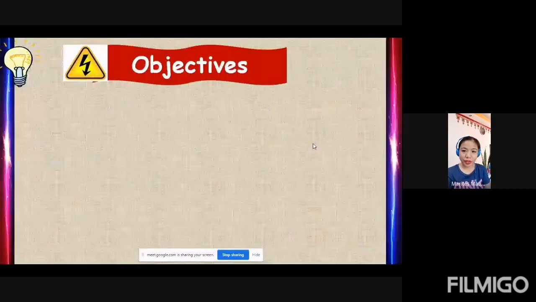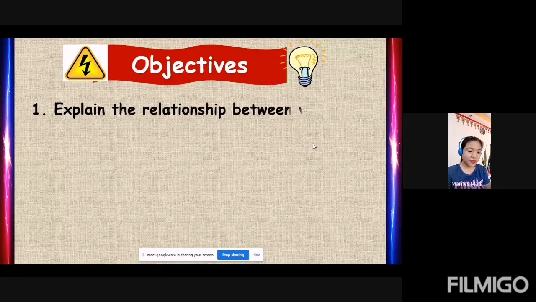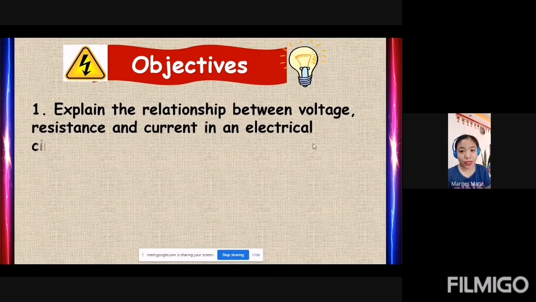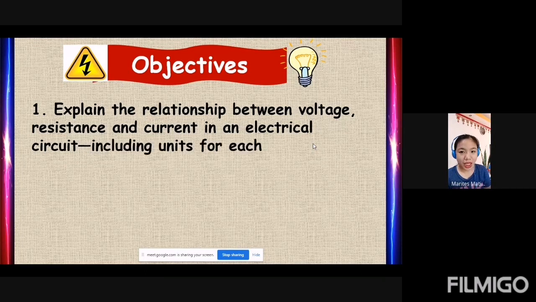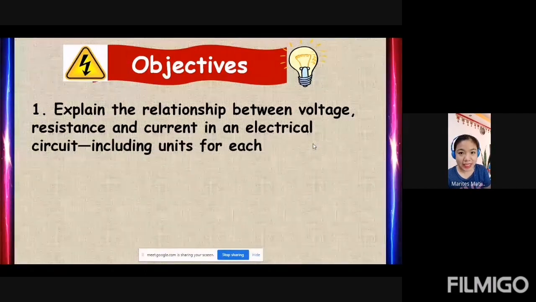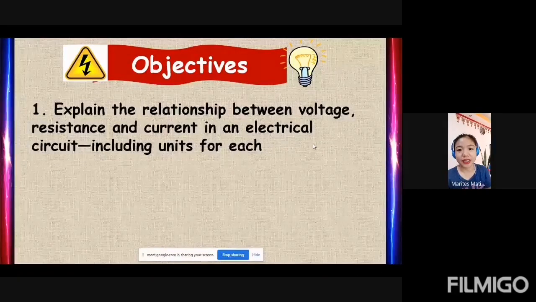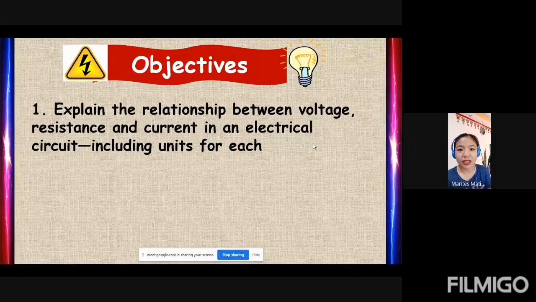Okay. So, for our main objectives for today, number 1, we will explain the relationship between voltage, resistance, and current in an electrical circuit, including units for each.